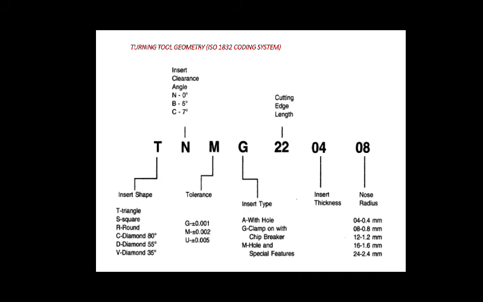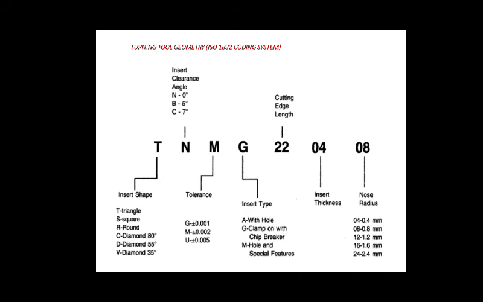Okay, so this is the turning tool geometry. If you observe on the tool, a designation will be there. This is an example: TNMG 220408.